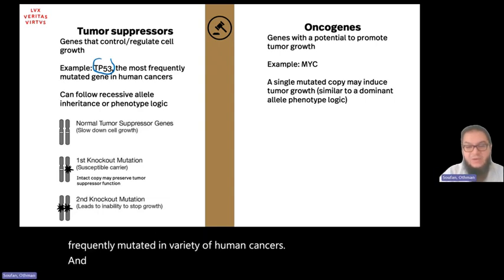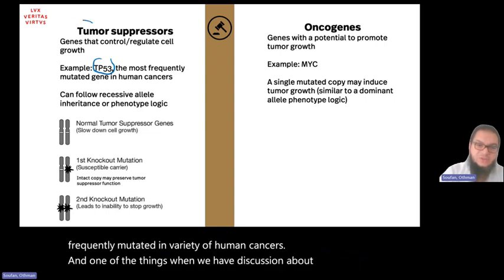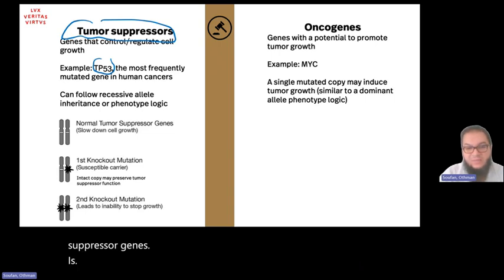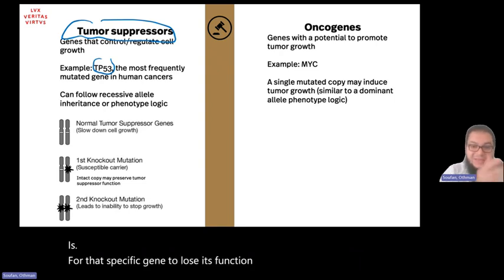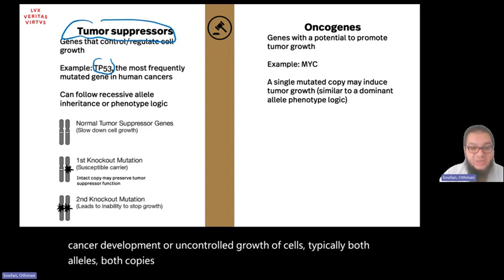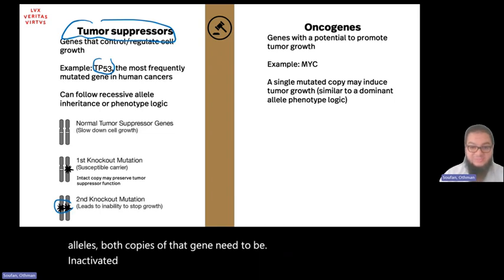And one of the things when we discuss tumor suppressor genes is that for that specific gene to lose its function and contribute to cancer development or uncontrolled growth of cells, typically both alleles, both copies of that gene need to be inactivated or mutated.